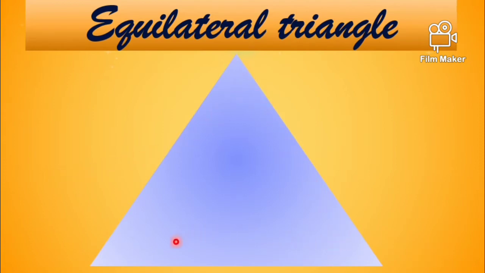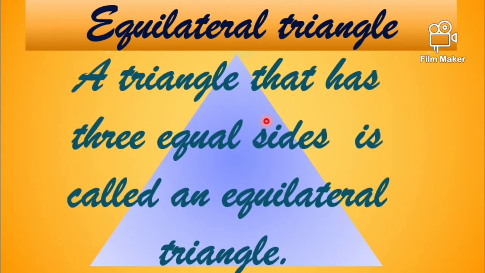A triangle which has three equal sides and three equal angles is called an equilateral triangle. As you can see in this figure of a triangle, all sides and all angles are equal. So that type of triangle is called equilateral triangle.